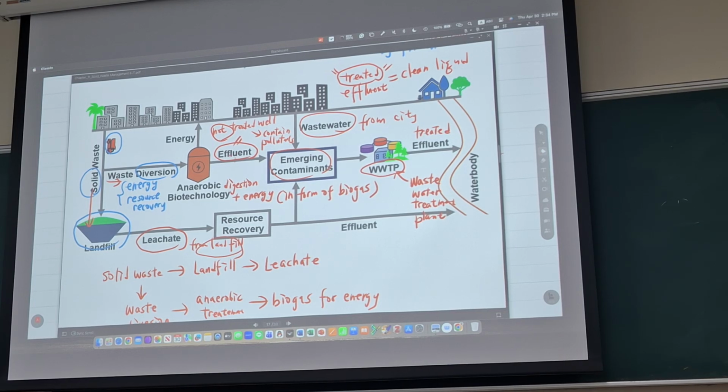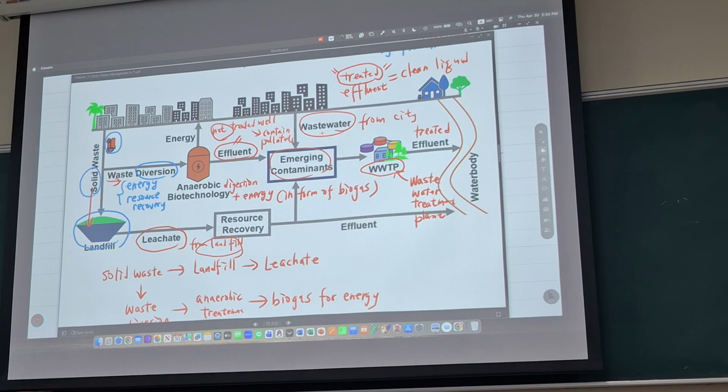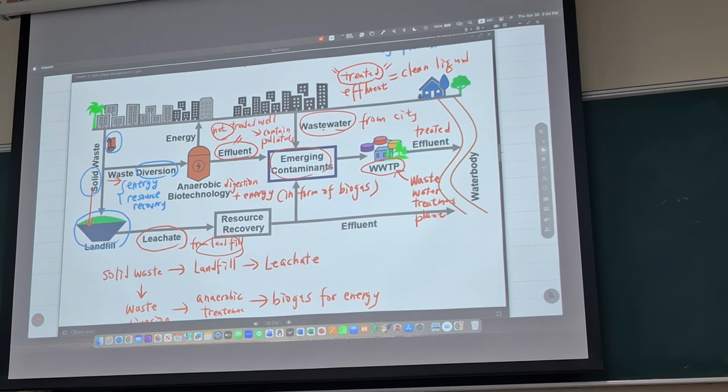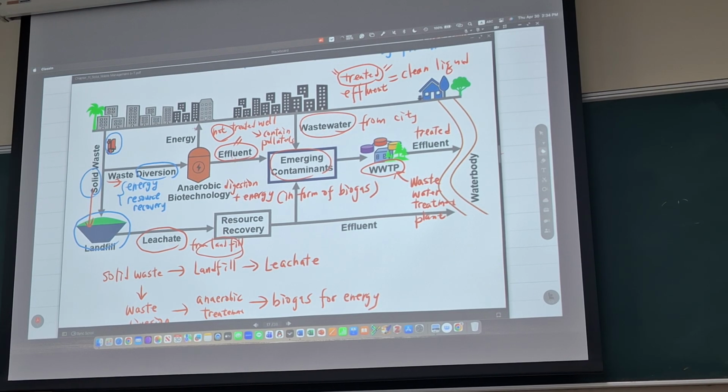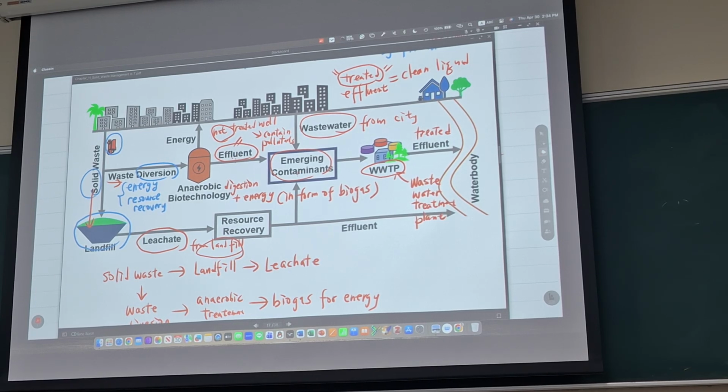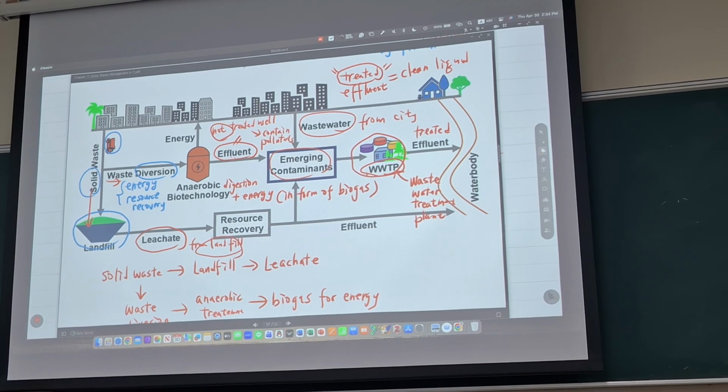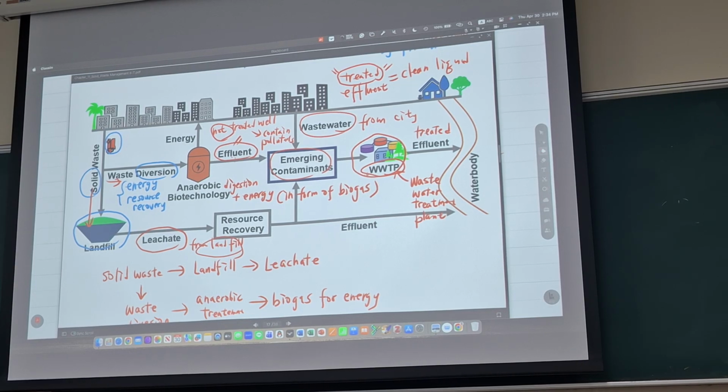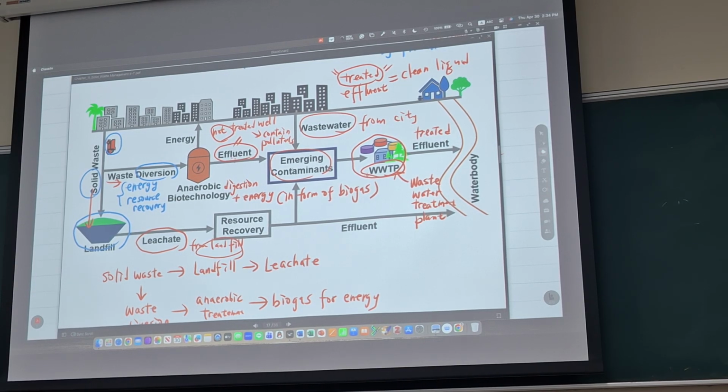Because this effluent will still mix with the wastewater from cities. If you make this very clean, it doesn't make sense. You will get contaminated later. What you need to do is your final one.